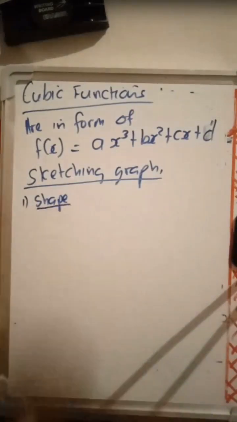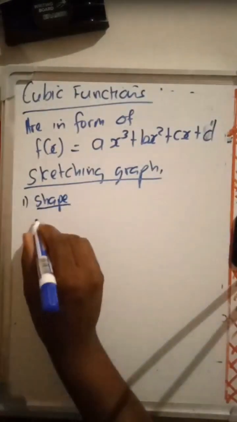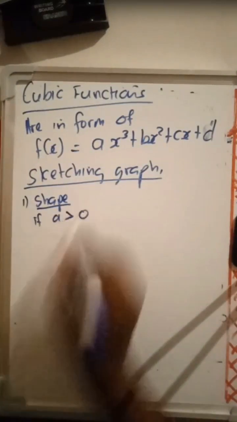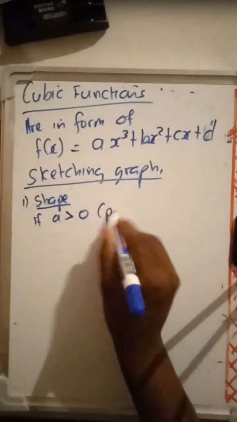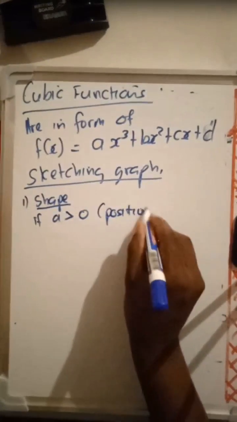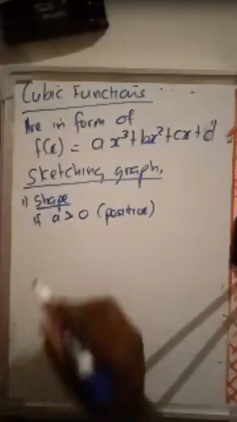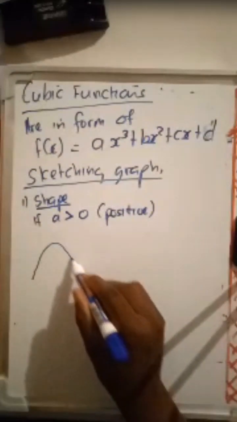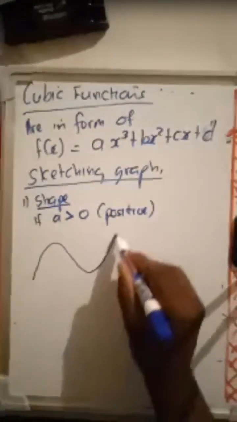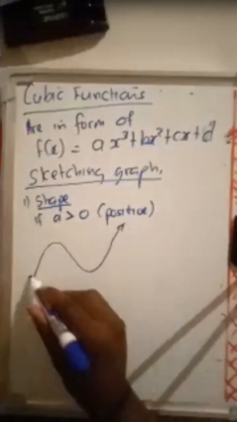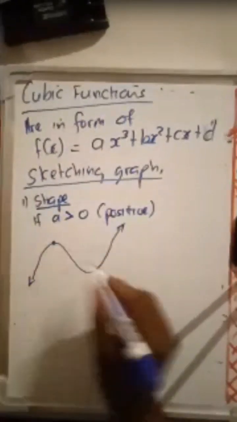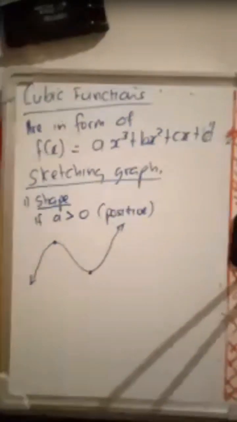If a is greater than 0, meaning it is positive, the graph starts as an increasing function, then becomes a decreasing function, and ends as an increasing function, of which these are considered stationary points, which are turning points.